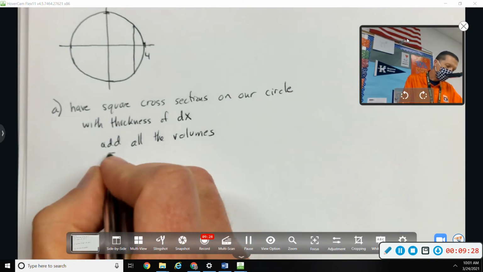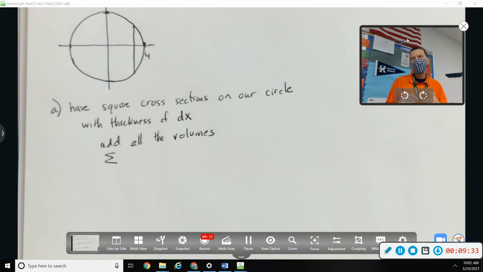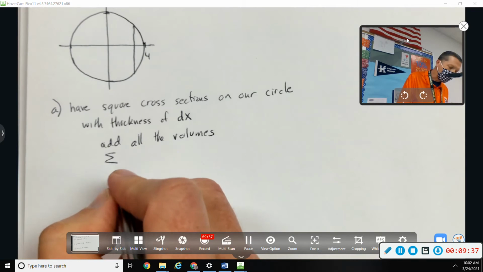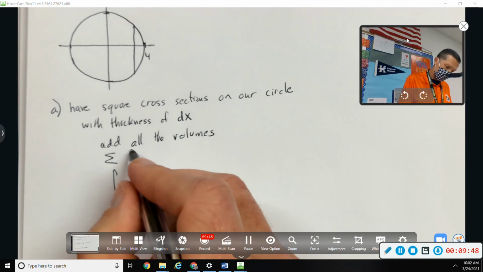So add means sum, but the Greek letter S for sum, that's like a finite sum. We want an infinite sum. Remember this, that integral symbol looks kind of like an S because it means sum. It's not an accident. That means sum up all of the volumes.